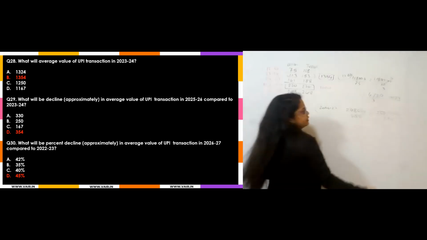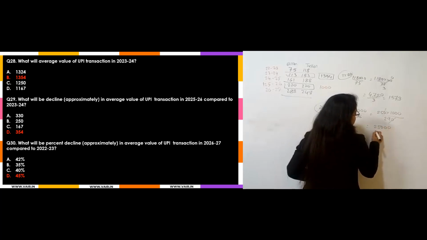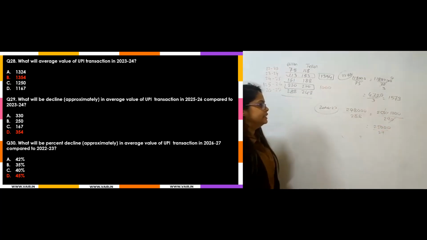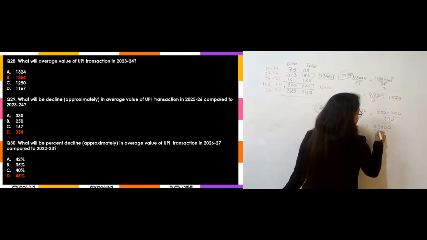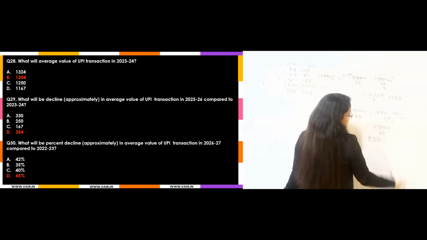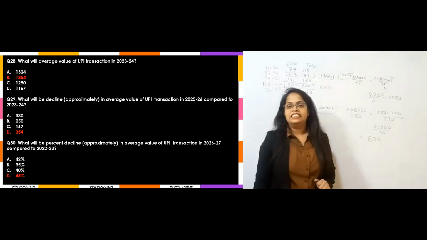If I take 25,000 divided by 29, what will it be? If you consider it nearly equal to 30, 3 8s are 24. There is a 1. 3 3s are 9. It will be 833 something. We are considering the nearest value.